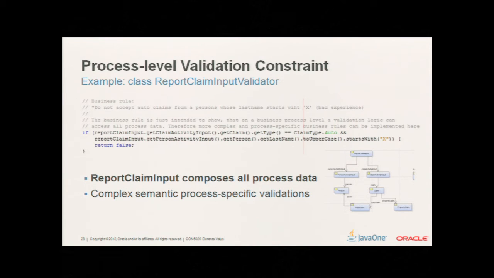So there is a place to implement such kinds of validations. And as you see, there's nothing here other than plain Java, because our service model is intended to be portable. We don't want to introduce dependencies to other parts.